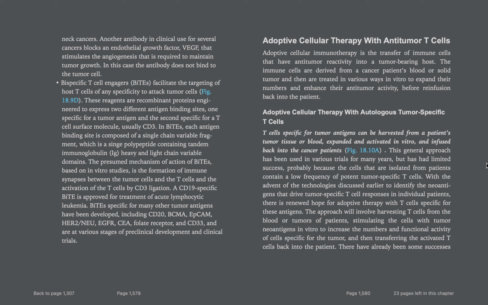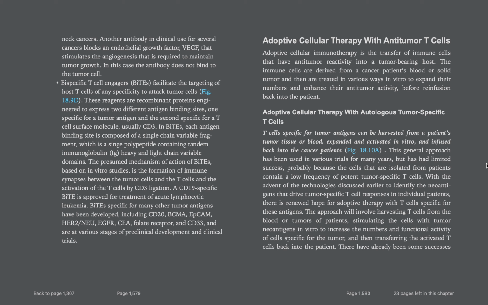Bispecific T cell engagers, BiTEs. Bispecific T cell engagers facilitate the targeting of the host T cells of any specificity to attack tumor cells.